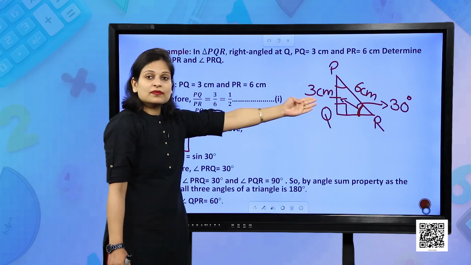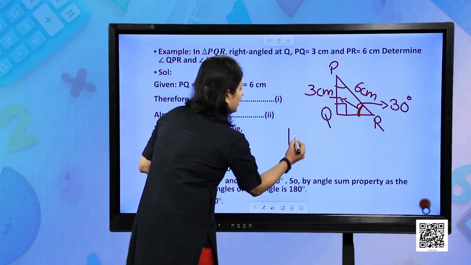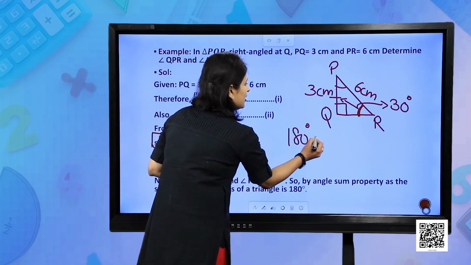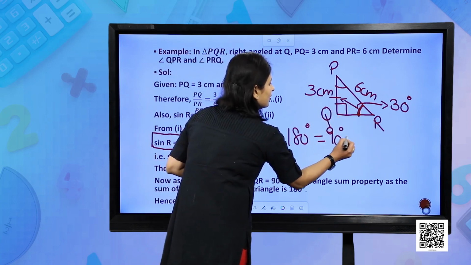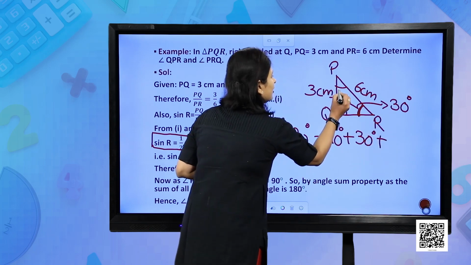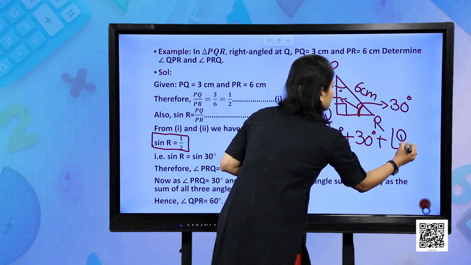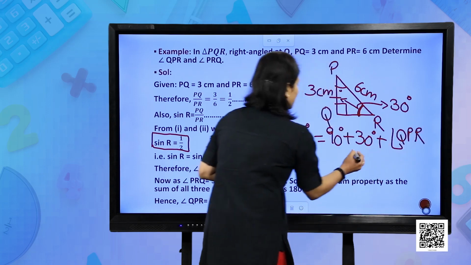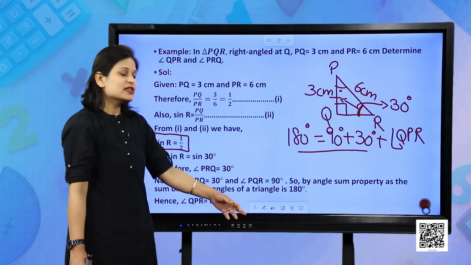It will be 60 degree. How? Just see, 180 degree is equal to 90 plus 30 plus this angle QPR. Just solve it, you will get angle QPR as 60 degree.